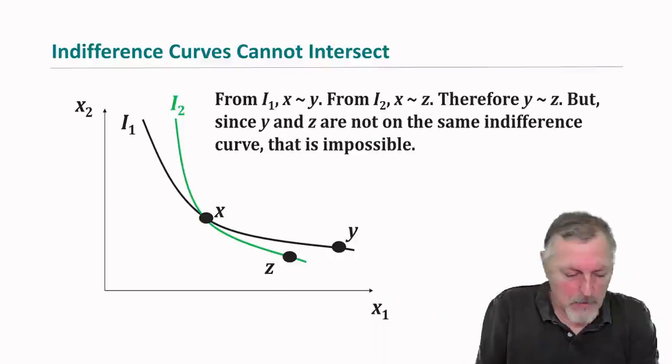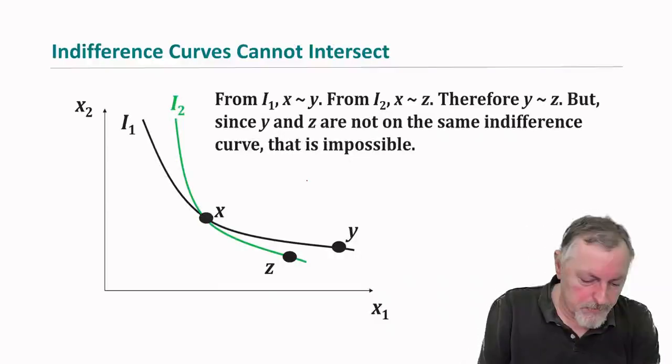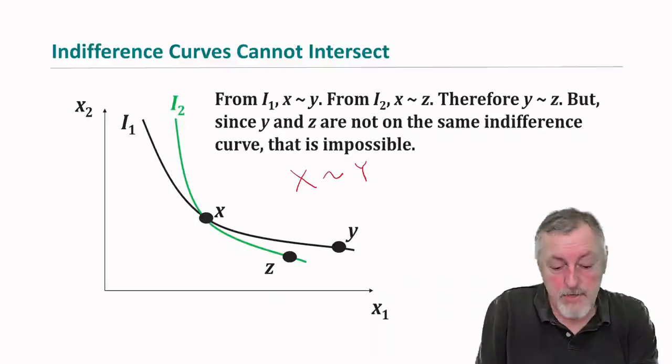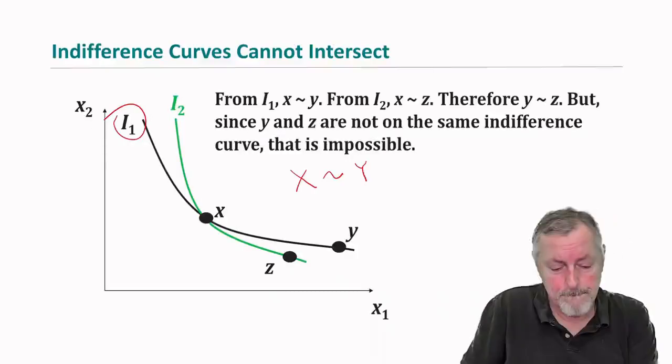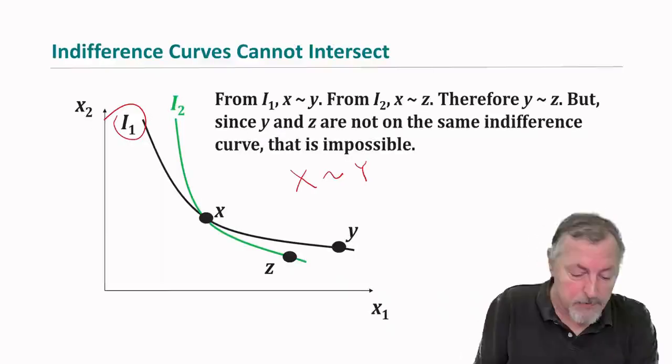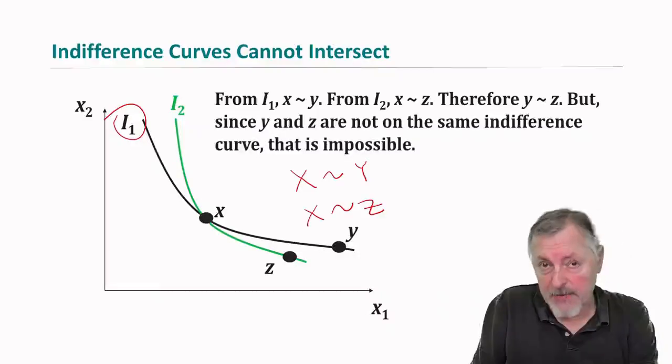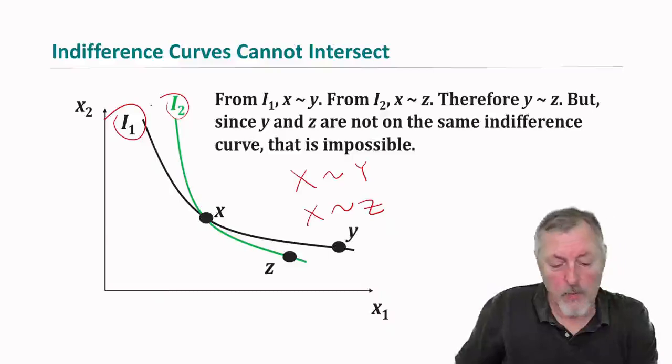Here, you are indifferent between X and Y because they're on the same indifference curve. That one. You're indifferent between X and Z because they're on the same indifference curve. That one.